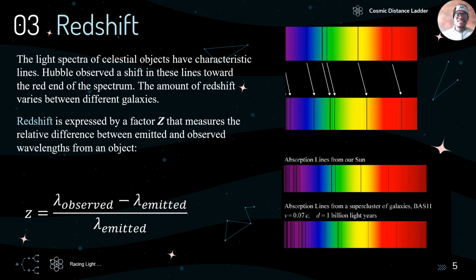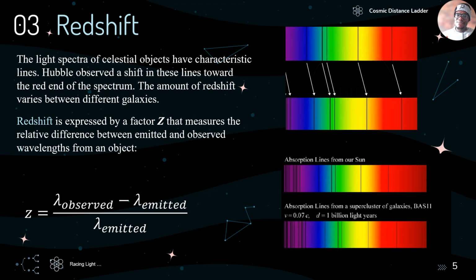These characteristic spectral lines observed from the spectrum of observed objects are seen to be shifted, and this is different for every galaxy and depends on whether the galaxy is receding or approaching us.